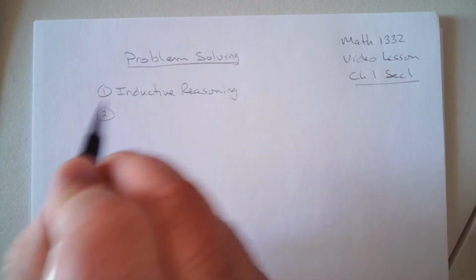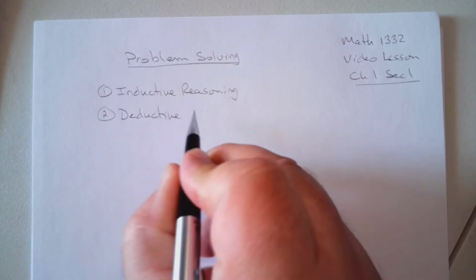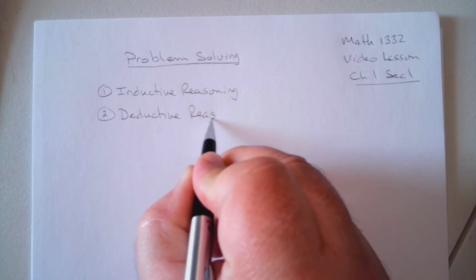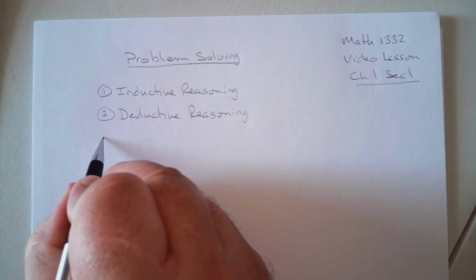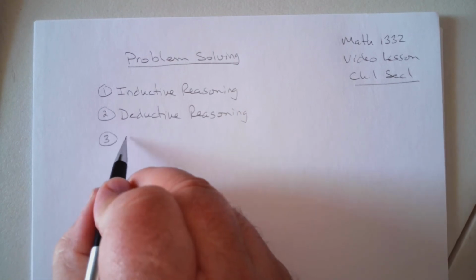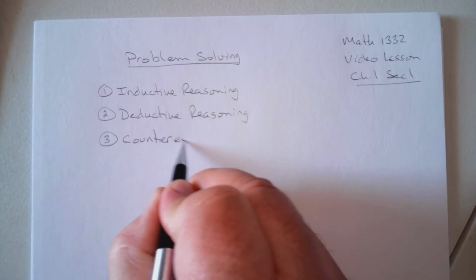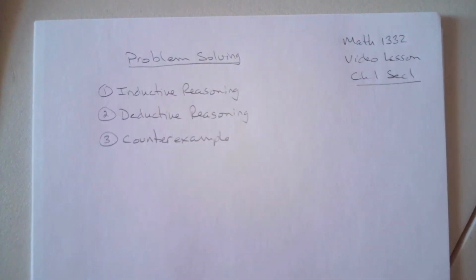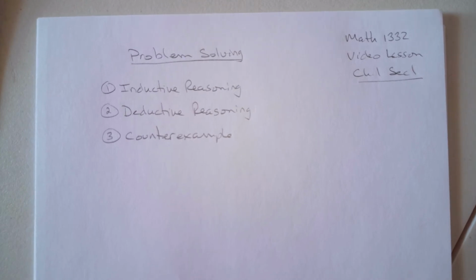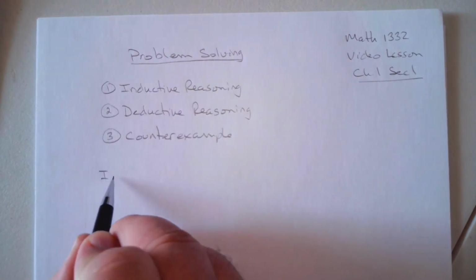Second one is called deductive reasoning. And the third we're going to talk about is called counterexample. Counterexample is a way to prove whether something's right or wrong. Let's begin.